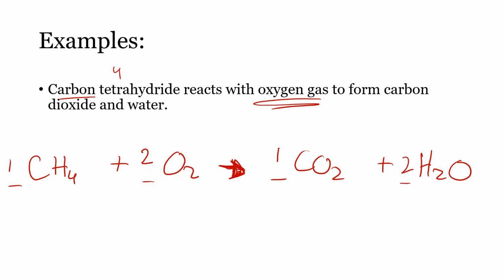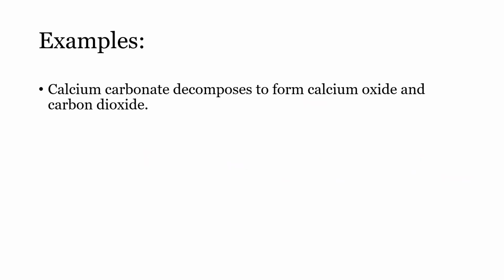So it's best when you do this that you double check your coefficients. I have calcium carbonate decomposes to form calcium oxide and carbon dioxide. Maybe a little tricky if you don't know your names. So calcium is Ca, obviously, 2+.